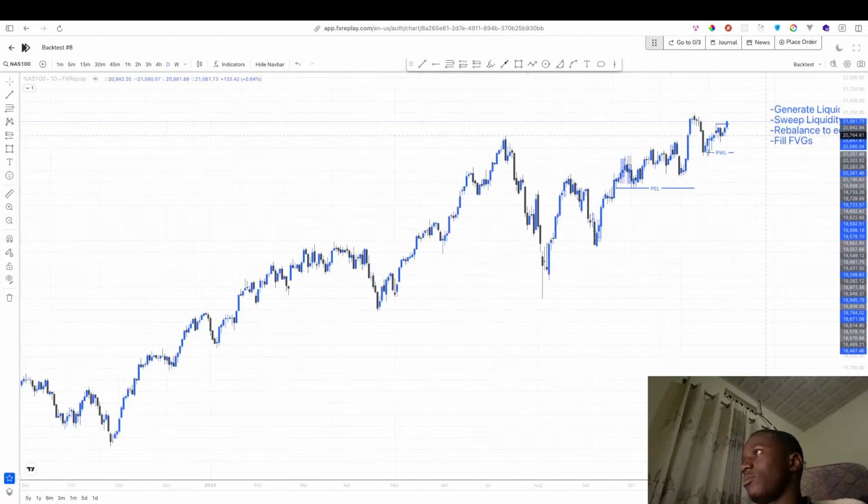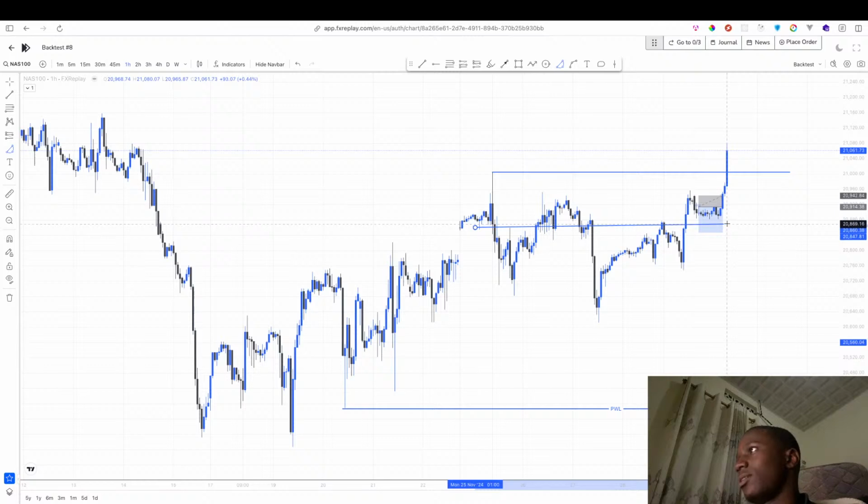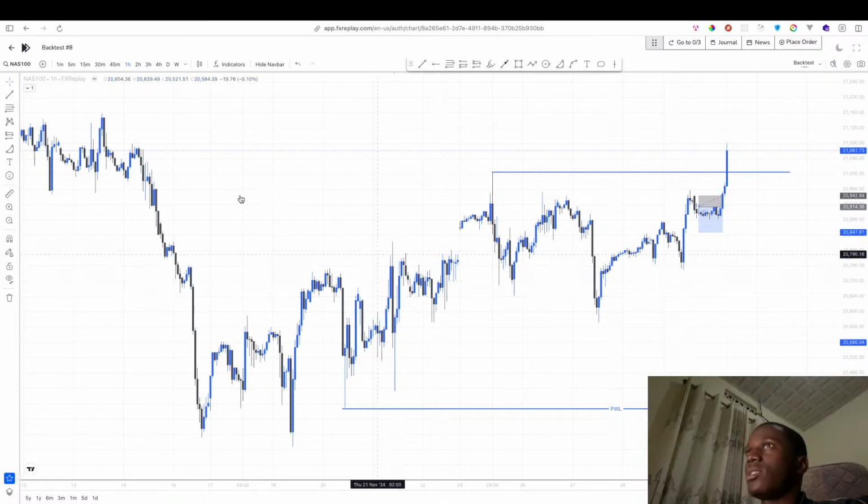There's also another one right here. There was a market maker somewhere right here. See this? This one looks like it. Okay, so let's see what we're heading for.